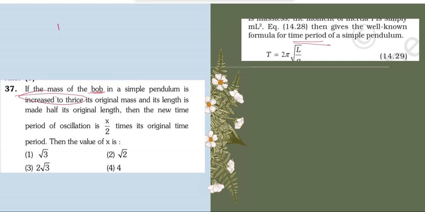So as length became half, T dash by T is proportional to square root of L dash by L. As they gave, it became half of its original length. L by 2 by L under root, L gets cancelled, we get 1 by root 2. So T dash will be equal to T by root 2.